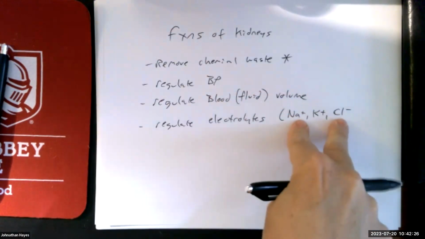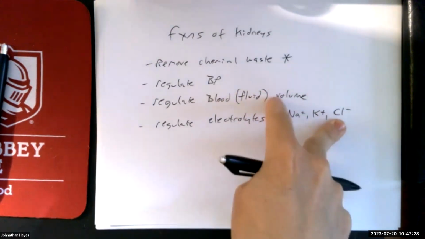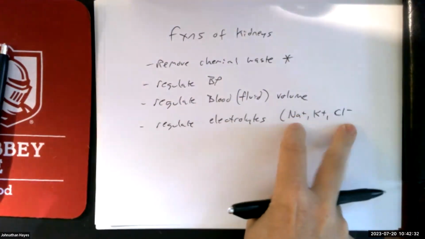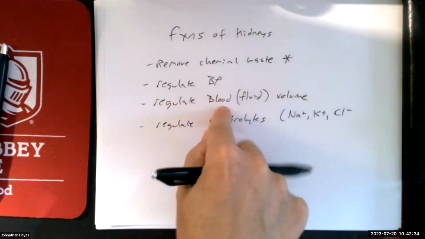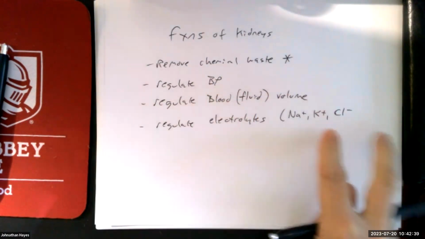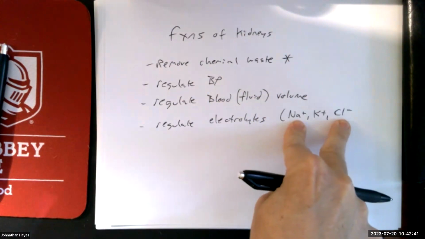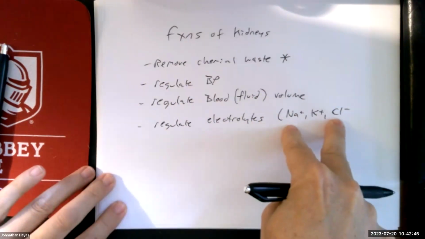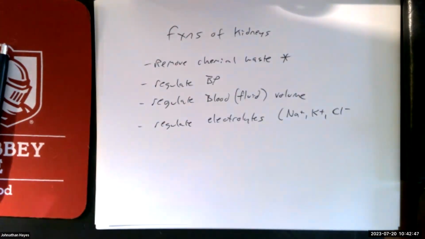These two, believe it or not, are the main things that water follows. So if the kidneys can't regulate electrolytes appropriately, like sodium and chloride, then it's going to have a very difficult time regulating the blood volume, because the fluid will follow these electrolytes, just like water loves salt, right? That's what we have right here. And those are both part of the ECF.